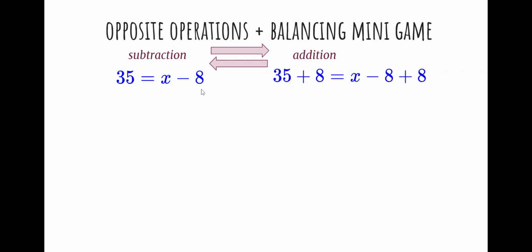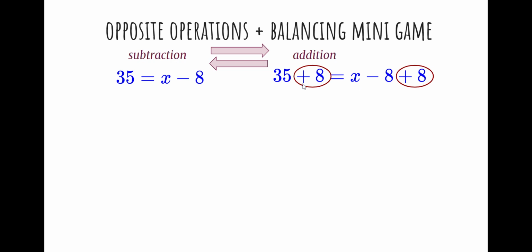So in this case, what I would do is add 8 on both sides. Why do I do that? Well, the answer is relatively simple. What I want to do is create a 0 next to the x on the right side, because minus 8 plus 8 produces 0. That means that on my right side, the only variable left is x.